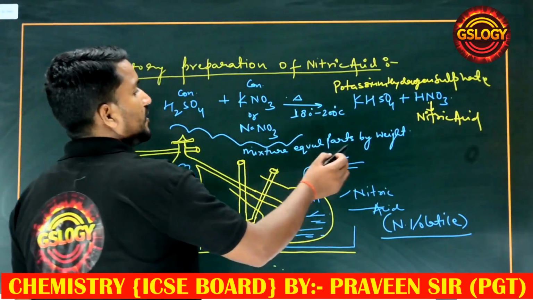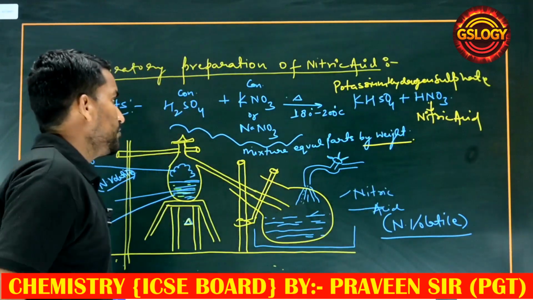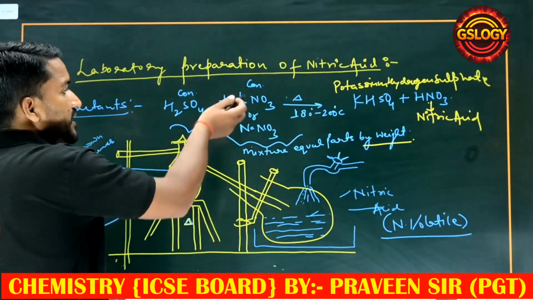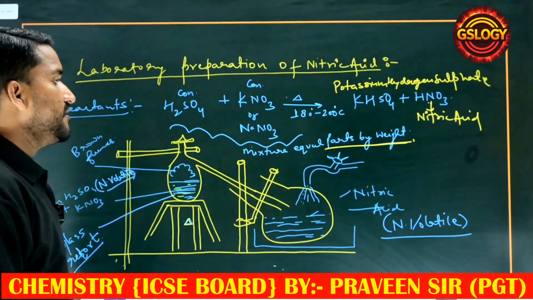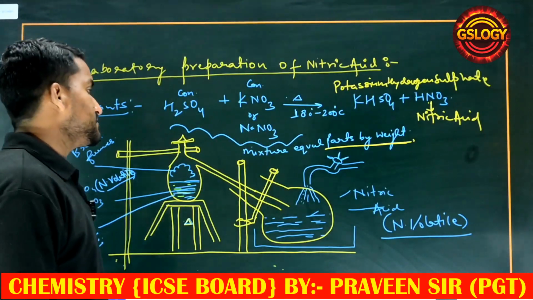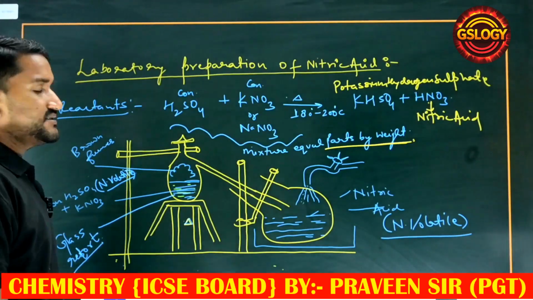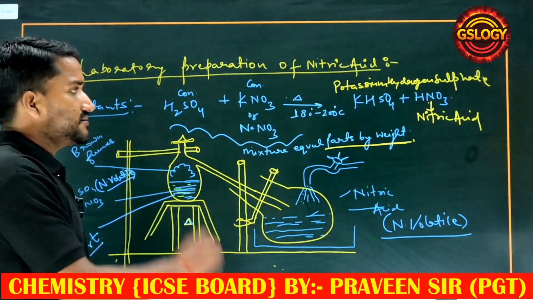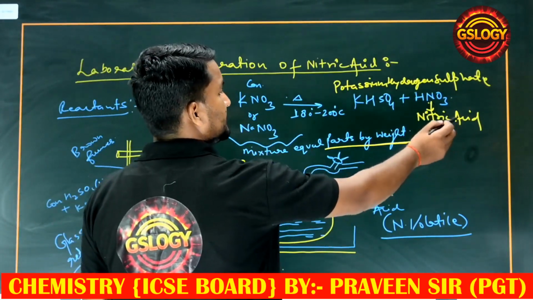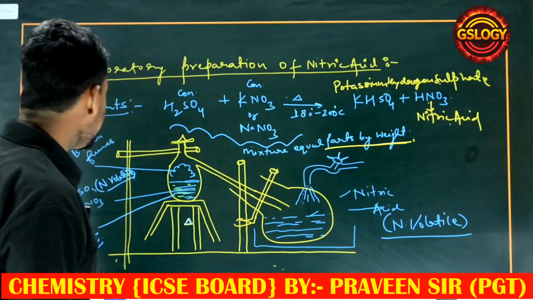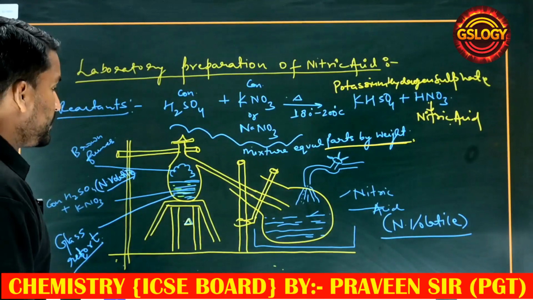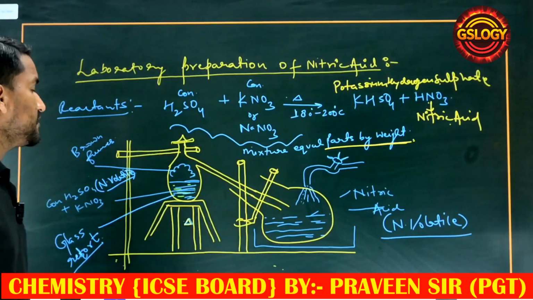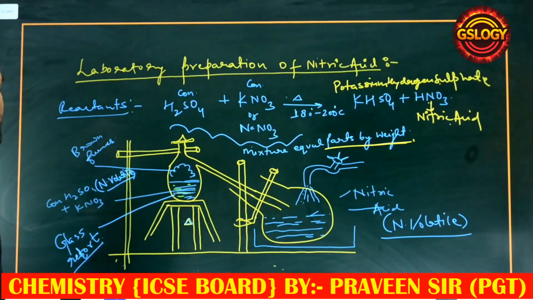The mixture is equal parts by weight, that is, the ratio is 1:1. Next is the arrangement of the apparatus: equipment for the laboratory preparation of nitric acid is a glass retort.